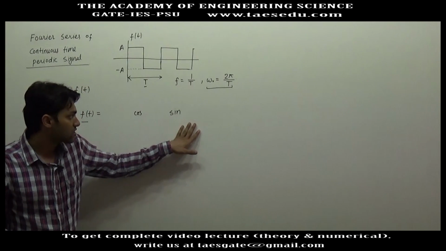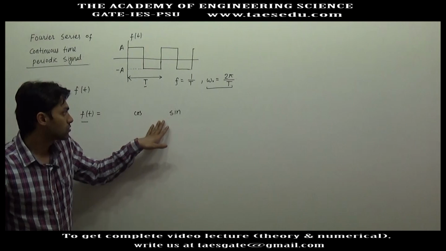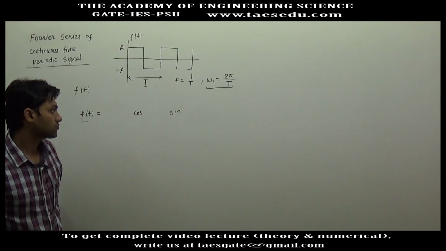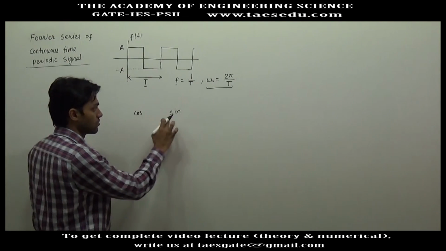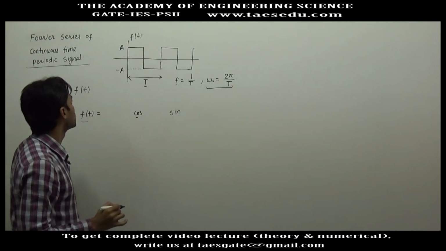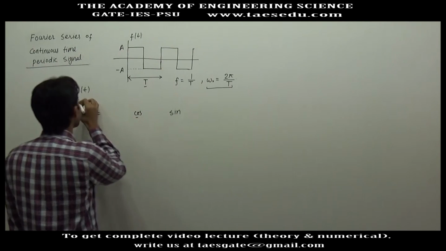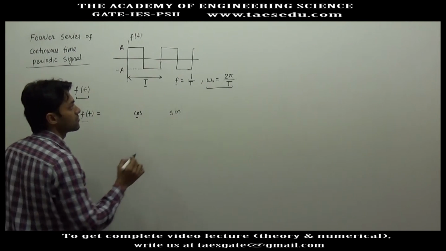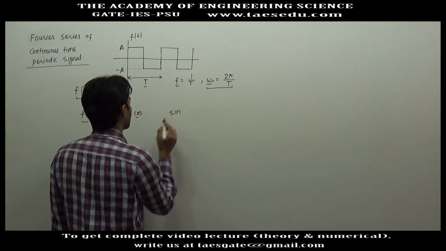So in the representation of f(t), there will be many sine functions and cos functions. Let us first talk about the frequency of those sine and cos functions. The first sine and cos functions will have frequency equal to the frequency of the original signal f(t), that is, f or omega naught.